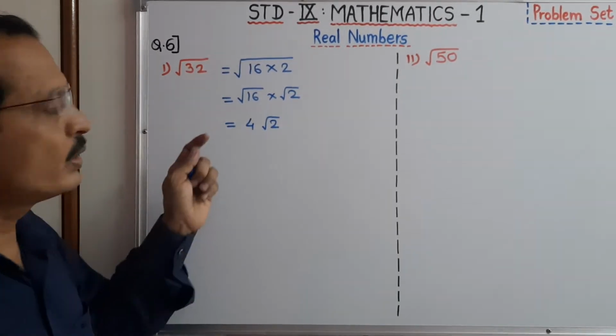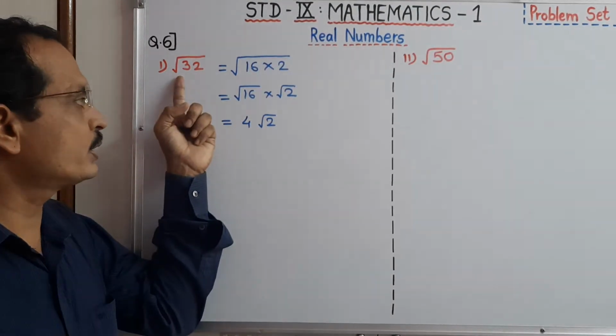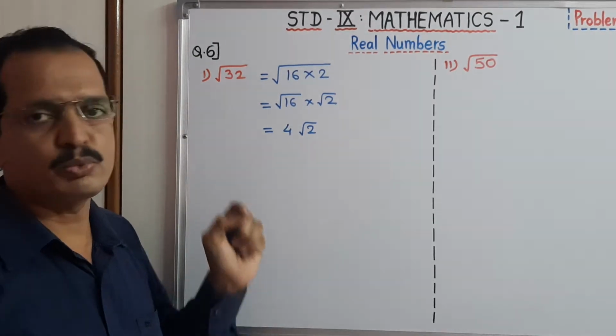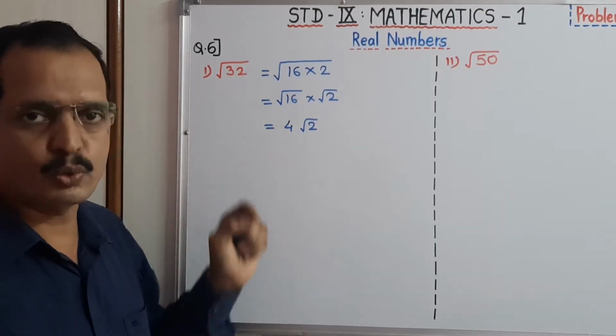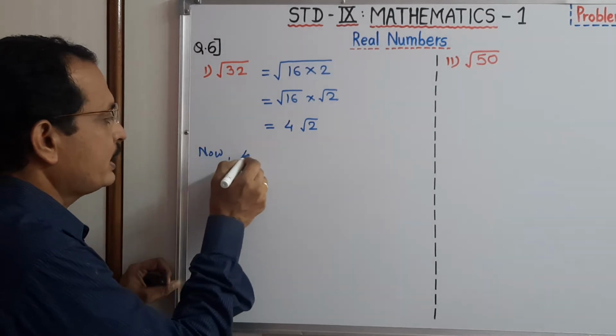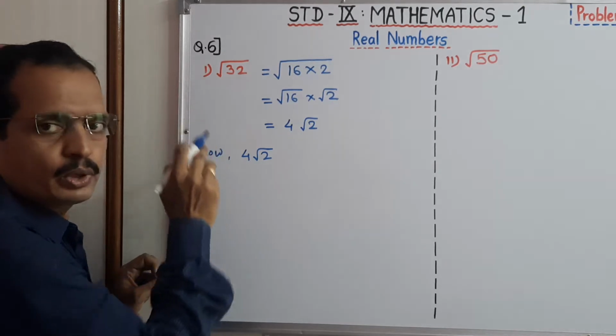Now, dear students, we got the simplest form of root 32, which is 4 root 2. See here, we write 4 root 2. It is the same as root 32.